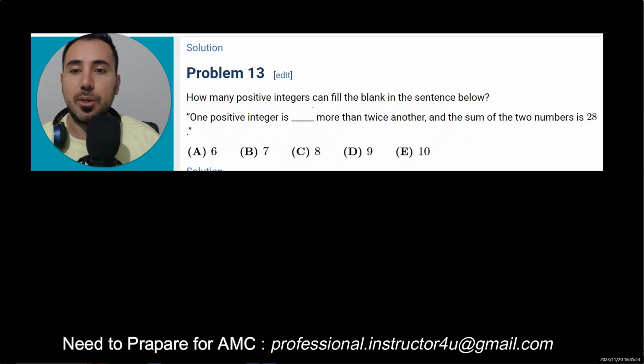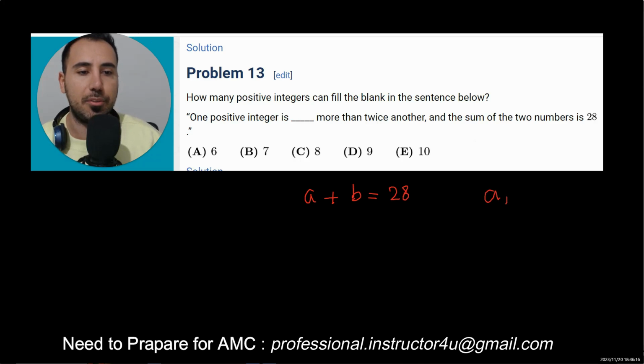Okay, so let's go with this. First of all, we know there are going to be 2 numbers, and we're going to have the sum of the 2 numbers. I'm going to call them A and B, and the sum is 28. We know both of them are positive integers.